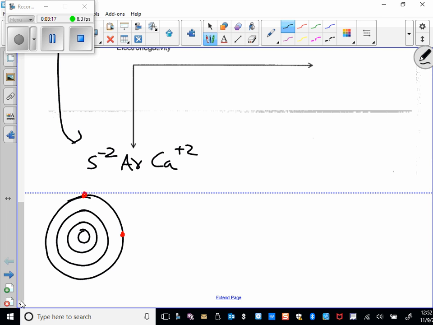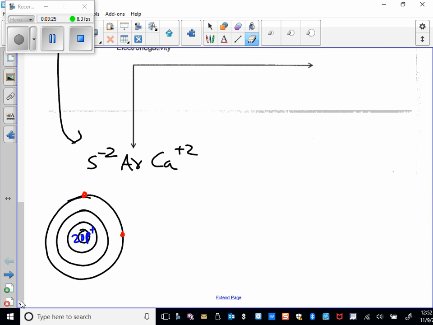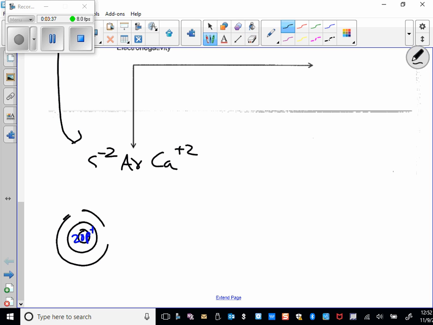Calcium has 20 protons in the middle. Now it's losing these 2, which means it's losing this whole circle. And right now, calcium has how many circles? Only 3. And these are 8 valence electrons.